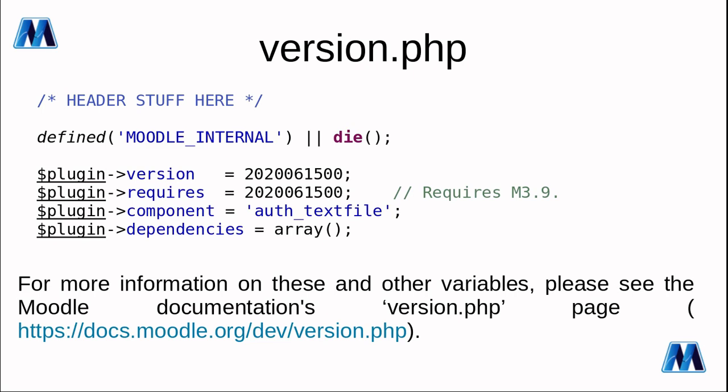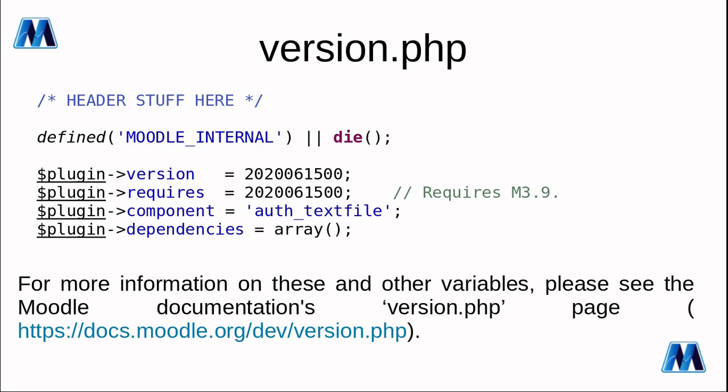Then you've got another property, dependencies. It's optional, you don't need to specify it, but that allows you to specify any dependencies that your plugin might have on other plugins or core functionality.